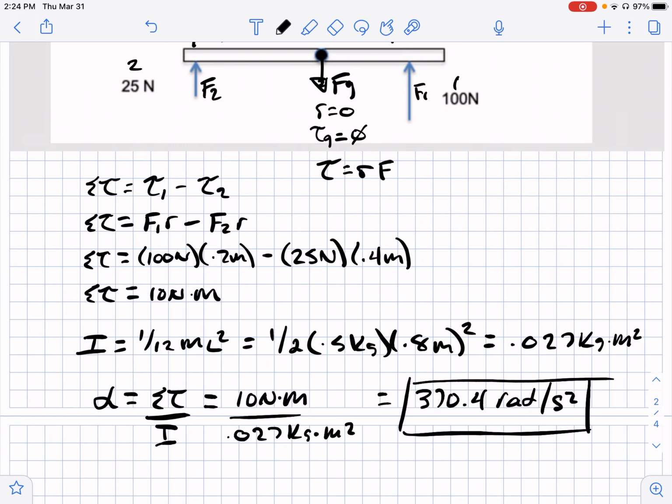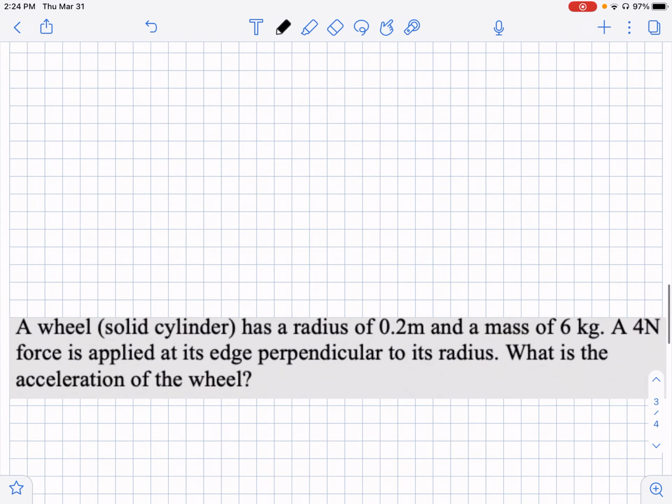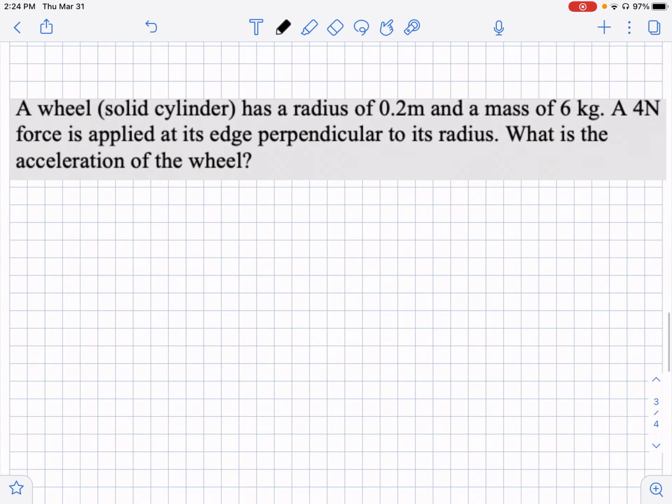Let's look at another example. This one says we have a wheel, which is basically a solid cylinder, has a radius of 0.2, mass of 6 kilograms, and then we have a 4 Newton force applied to the edge that's perpendicular to the radius. So first off, let's just kind of draw what's going on here. So we'll draw our wheel.